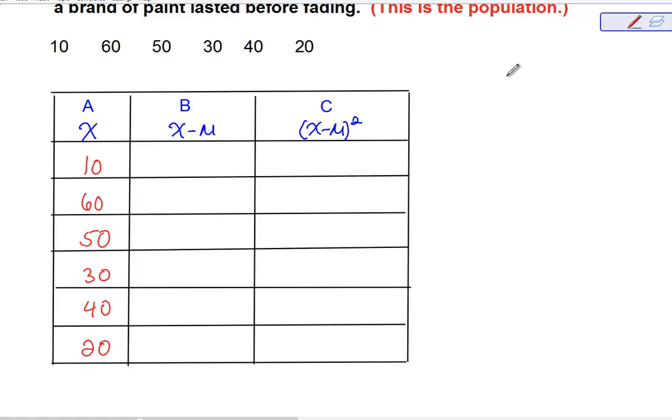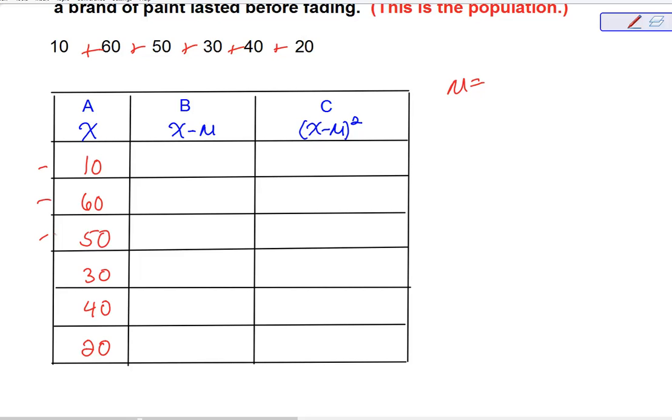Recall from the steps, step 1 is to find the mean of the data. So the mean is going to be to add these up, and then we divide by how many we have.